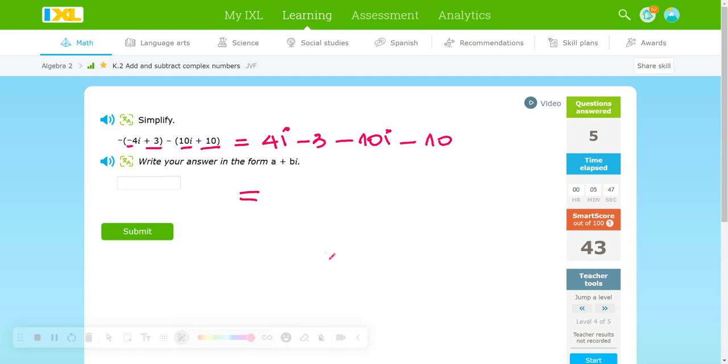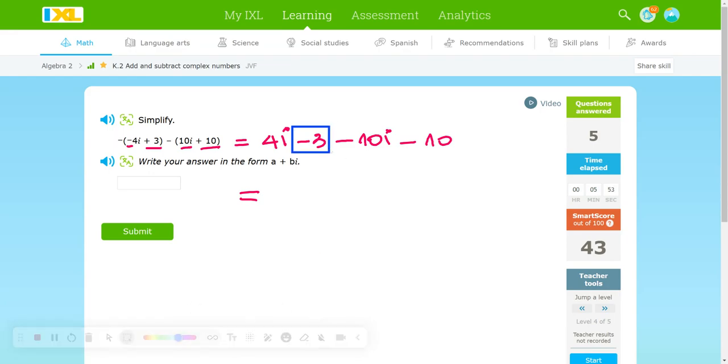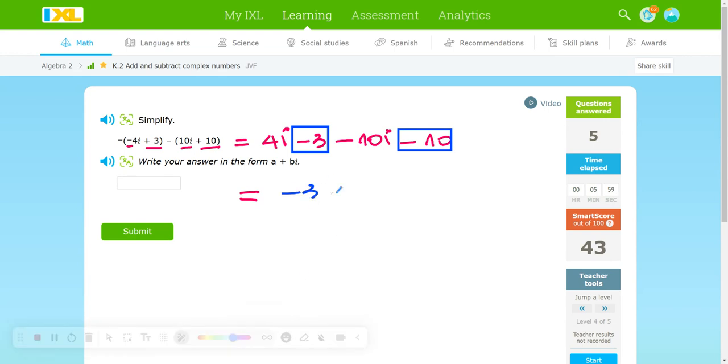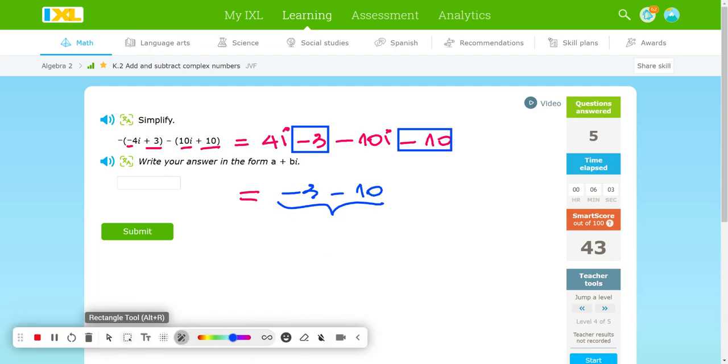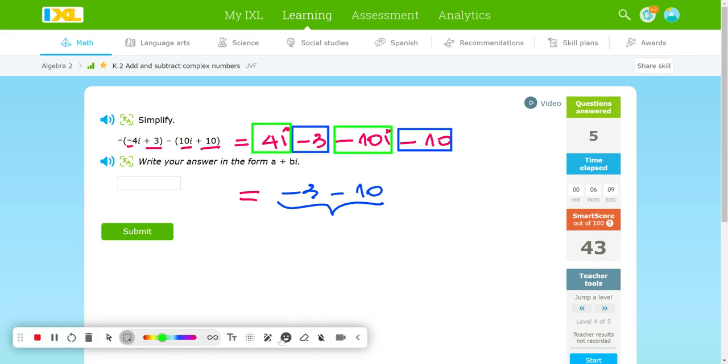So now I group number with number first: subtract 3, subtract 10 in the front. I'm going to combine it in a second. And now i with i: 4i and subtract 10i in the back.